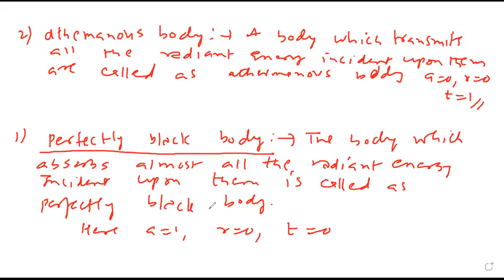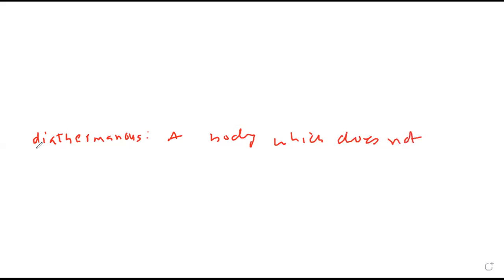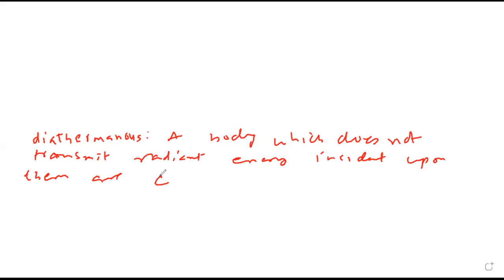Done, sir. A diathermanous body: a body which does not transmit radiant energy incident upon it is called a diathermanous body.